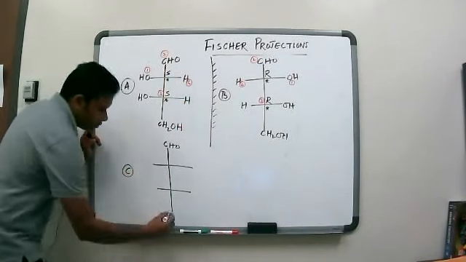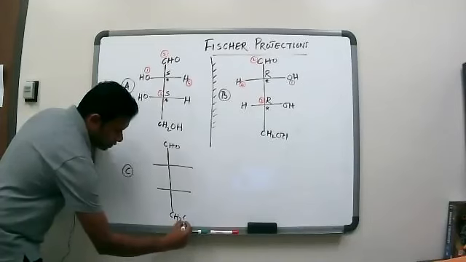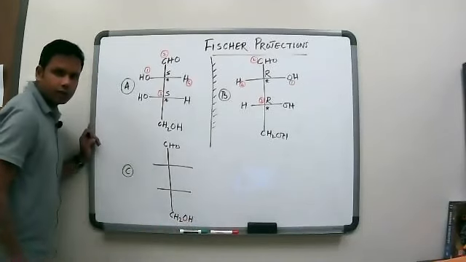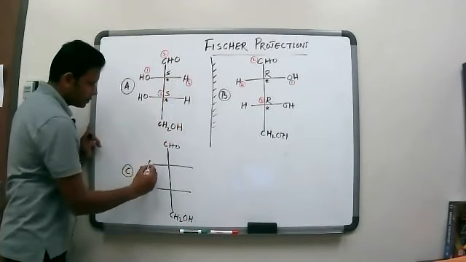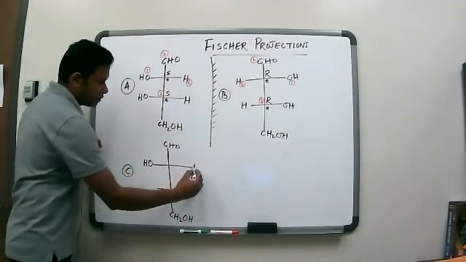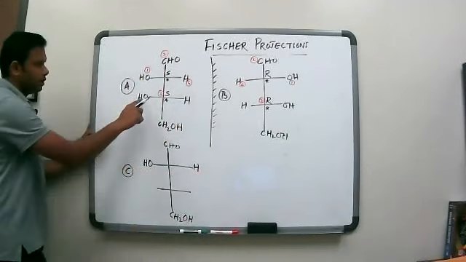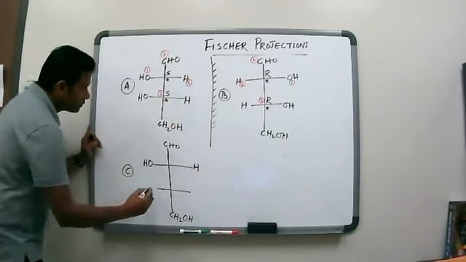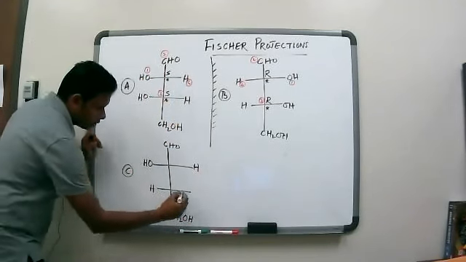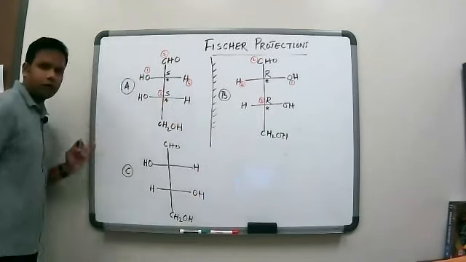And okay, I'm going to keep the carbon chain the same. So we have CH2OH. And essentially what I'm going to do is I'm going to keep the first stereocenter the same. So OH and H. But the other stereocenter, I'm going to flip the two groups. So we have hydrogen and we have hydroxyl over here.